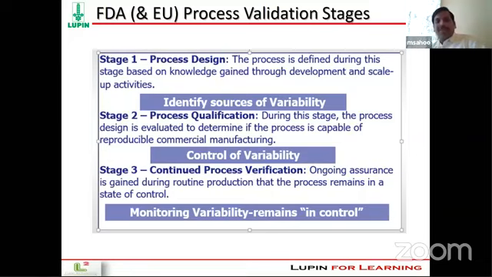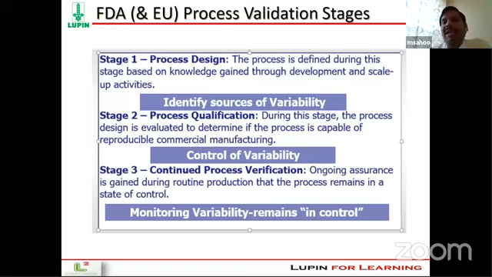Similarly, after you have driven for 15 days, on the 16th day it rains. Suddenly you are more careful again, because you have not driven in the rain before. These rains are known as variability. Similarly, in process validation we have different variability.